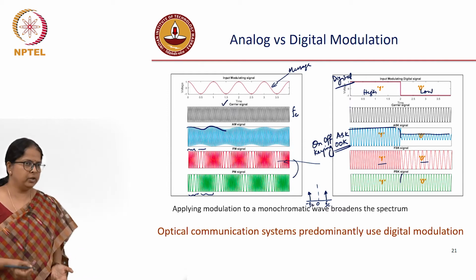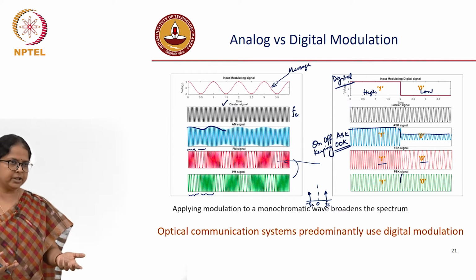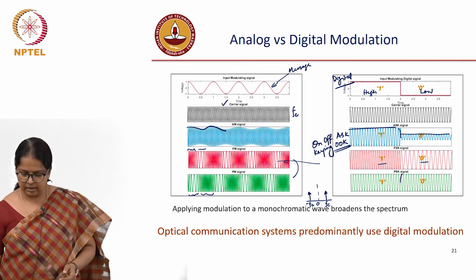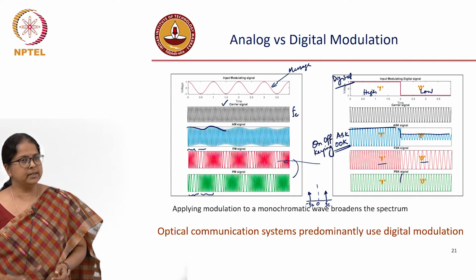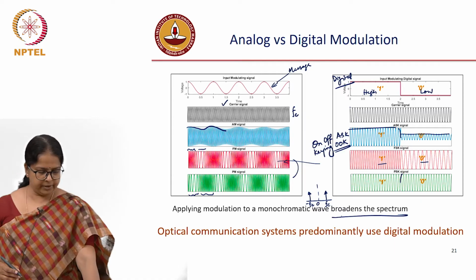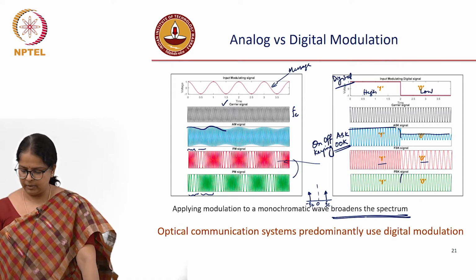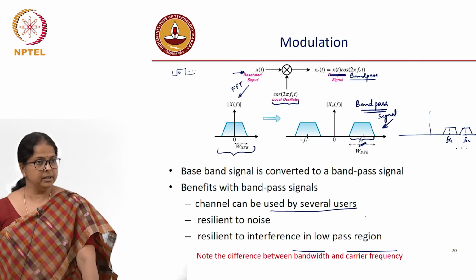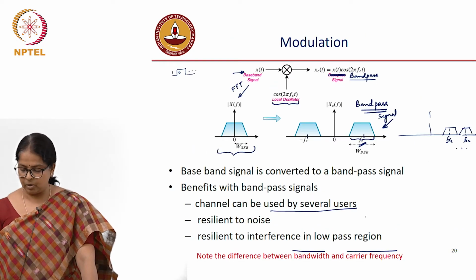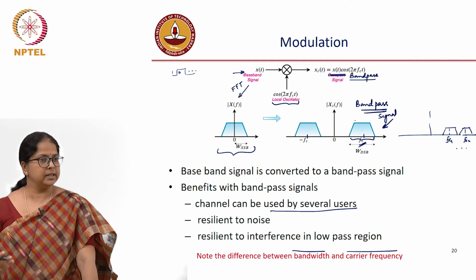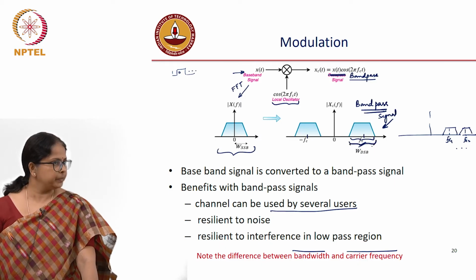But the moment you modulate, depending on your modulation bandwidth, it broadens the spectrum. So, one form of it we already saw. We saw that the carrier frequency would have been a delta function, and depending on the bandwidth of your modulation, the bandwidth of the signal after modulation is larger.